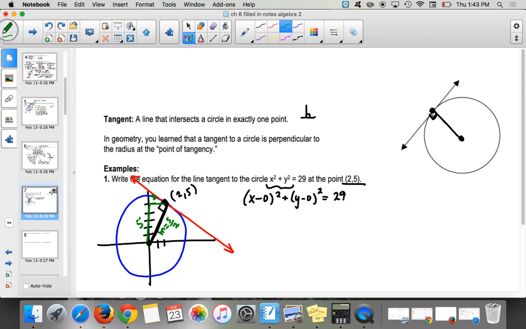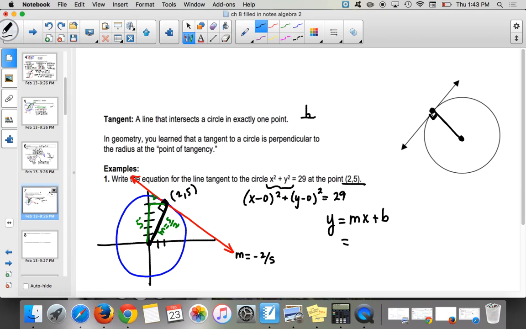So if my red line is perpendicular, what's my slope? -2/5. If I'm finding the equation of this line, I can do y equals mx plus b.